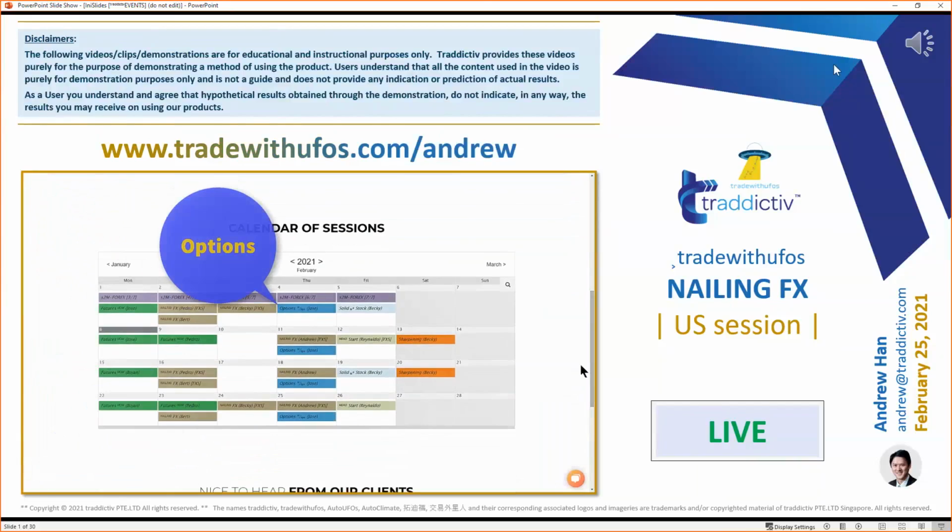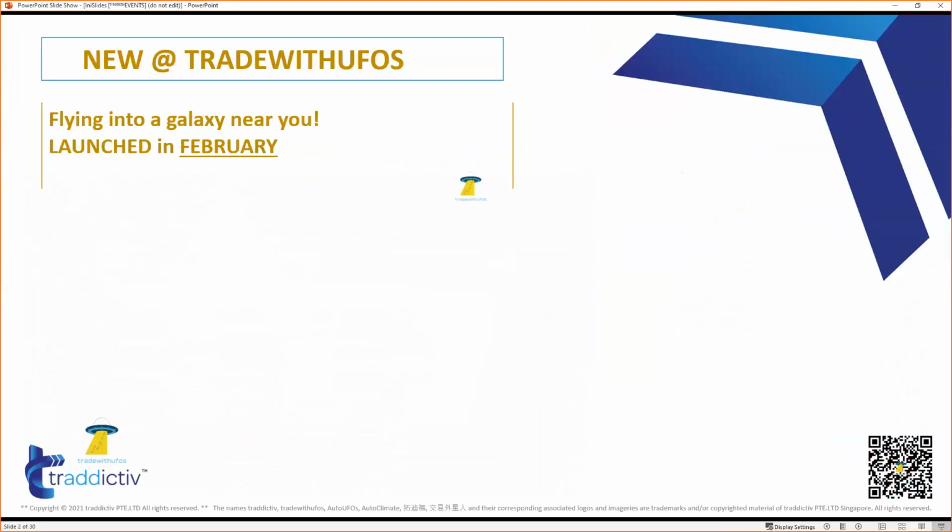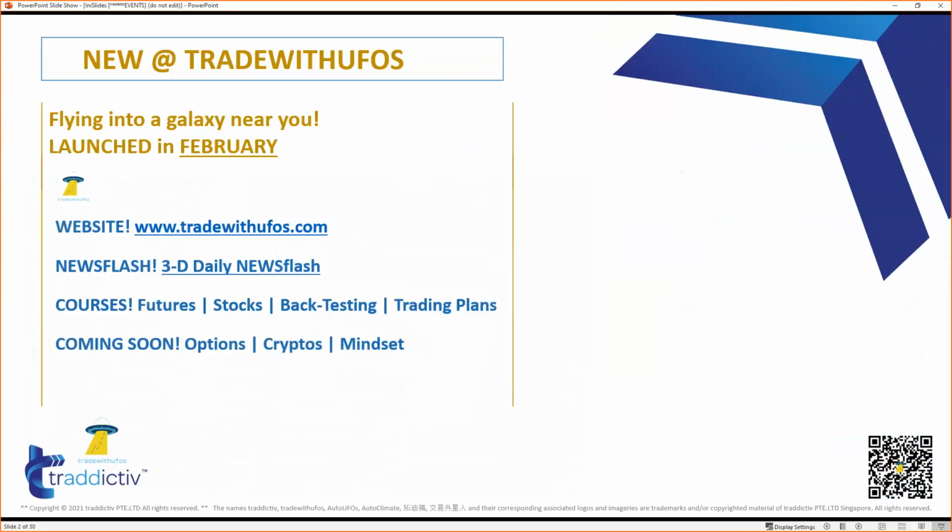But here are some of the highlights, just to give you a big picture. In this website, we've got a new format for our newsletter. It's a 3D daily news flash, where we show you some of the unfilled orders, the sell orders and the buy orders.